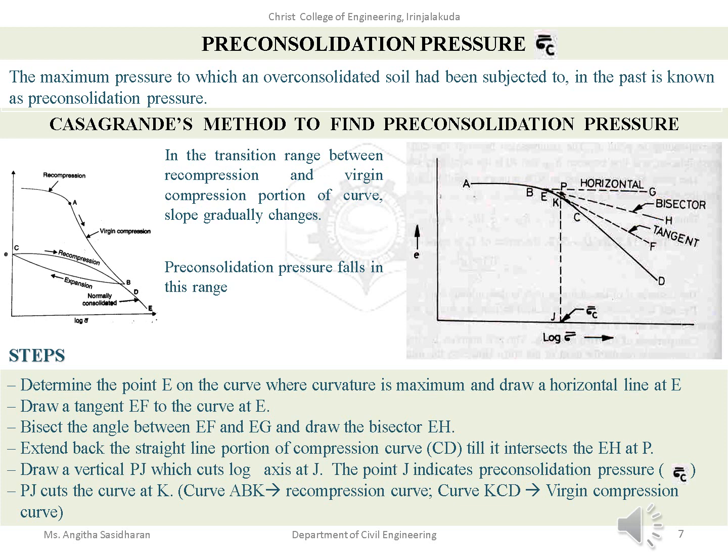Another important topic is pre-consolidation pressure, represented by sigma bar c. It is the maximum pressure to which an over-consolidated soil had been subjected in the past. If you consider a natural soil deposit, the soil there will already be subjected to an existing overburden, maybe the weight of overlying material.